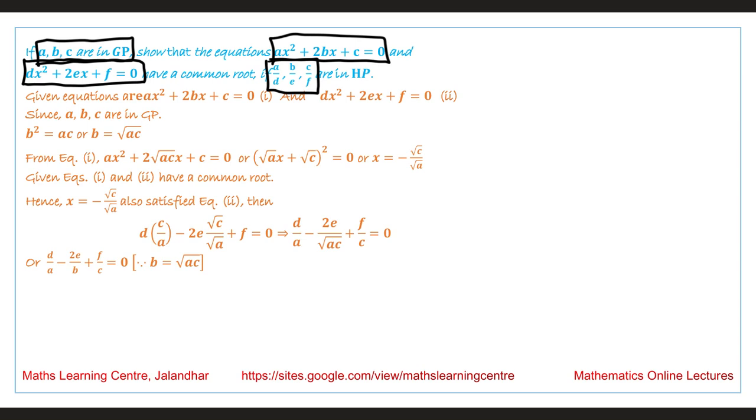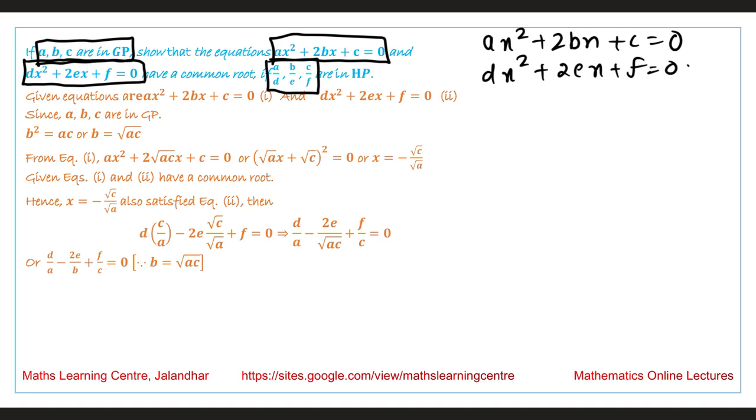So the two equations given to us are ax² + 2bx + c = 0 and dx² + 2ex + f = 0. It is given that a, b, c are in GP.